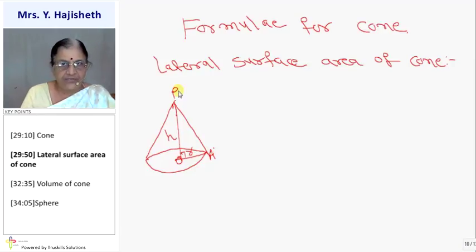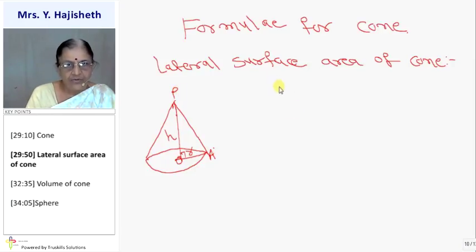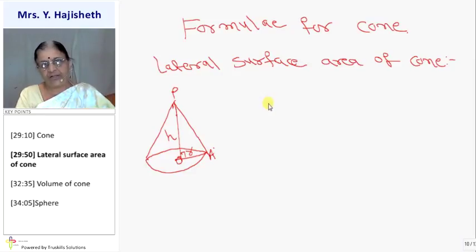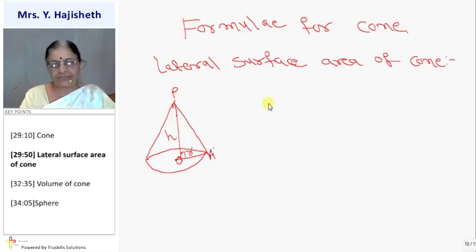So what is lateral surface area of cone? Here also, three cones combined together form a cylinder of same radius and same height. अगर तीन कोन को मैं इकट्ठा कर दूं तो एक सिलेंडर बनेगा ऑफ सेम हाइट एंड सेम रेडियस.